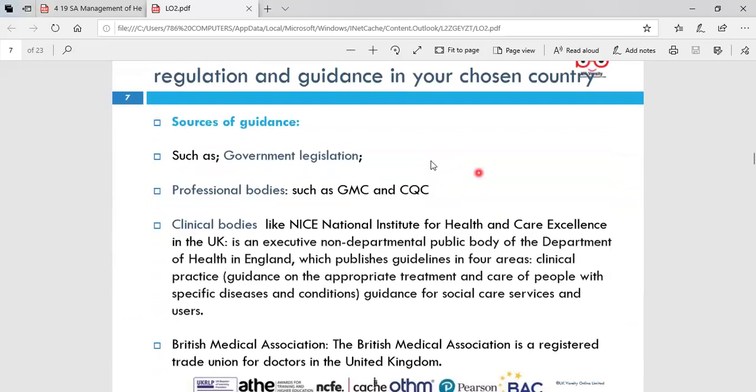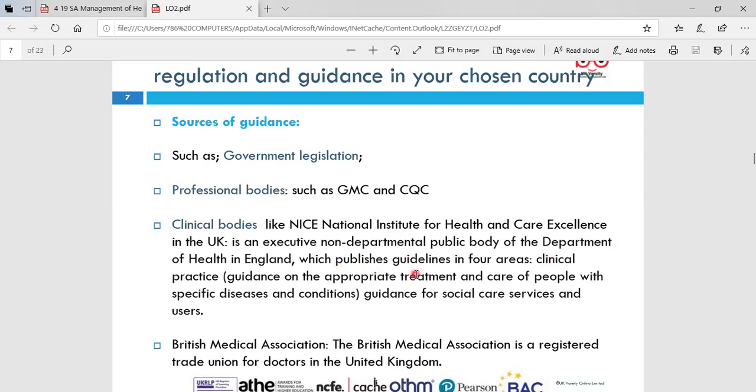So what are the sources of guidance? We have government documents, professional bodies such as quality checks and the GMC, and clinical bodies such as NICE. It works for the United Kingdom, and it is an executive non-departmental public body of the Department of Health in England.